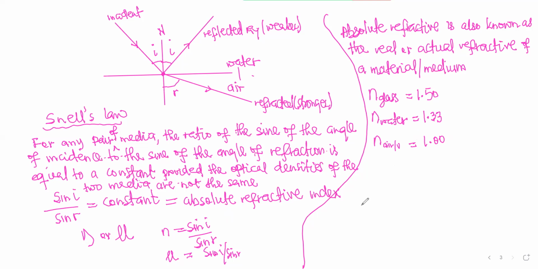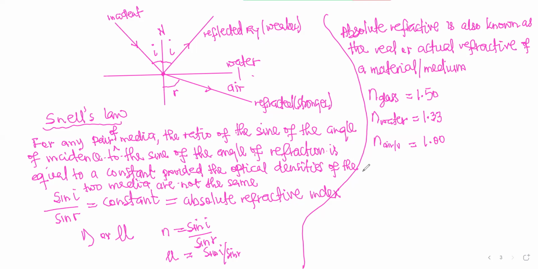If the refractive index of glass is said to be 1.5, it simply means that glass can bend light 1.5 times as can be done by air.